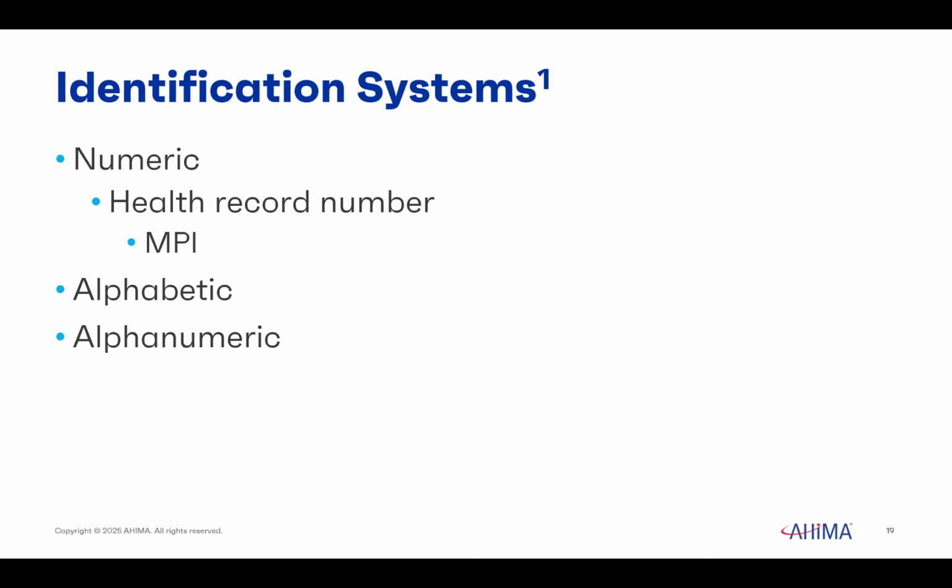There are other ways of identifying patients, such as alphabetically or alphanumerically, but far and away the most common way is with a numeric identifier. In other words, a health record number or medical record number that is mapped to an individual patient in a master patient index.